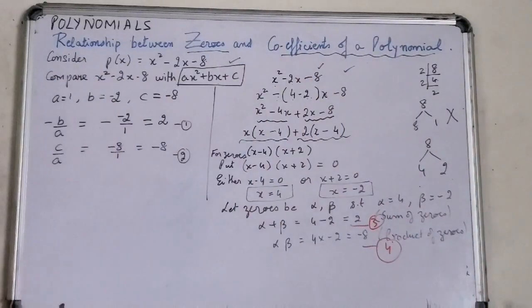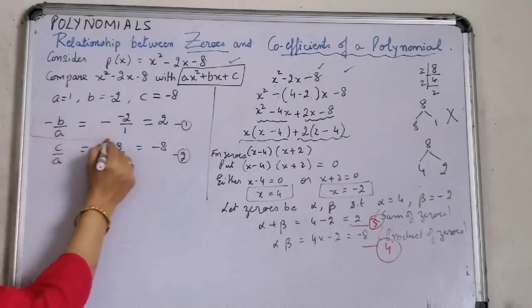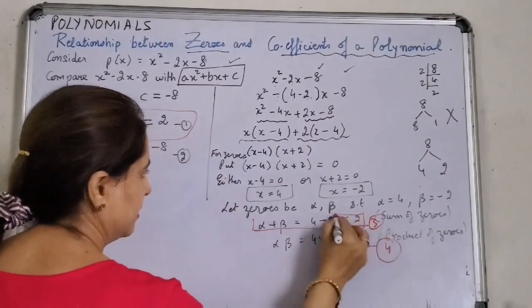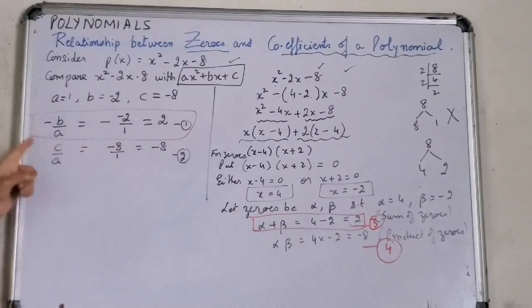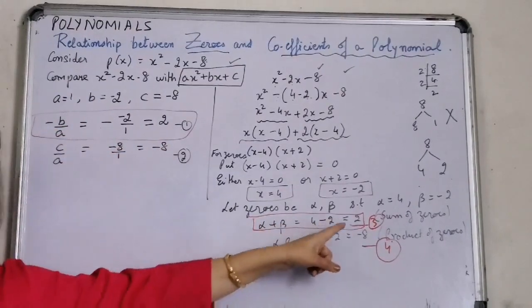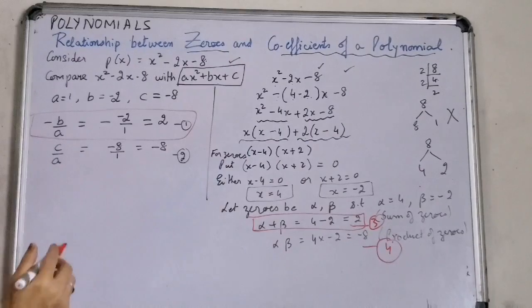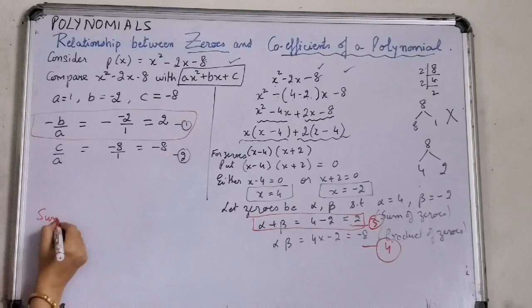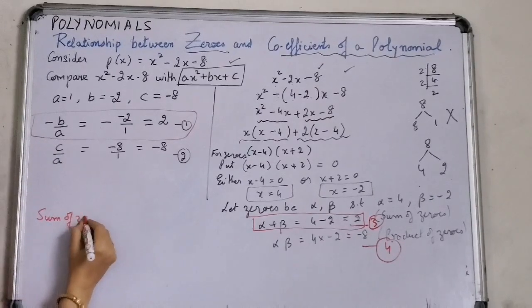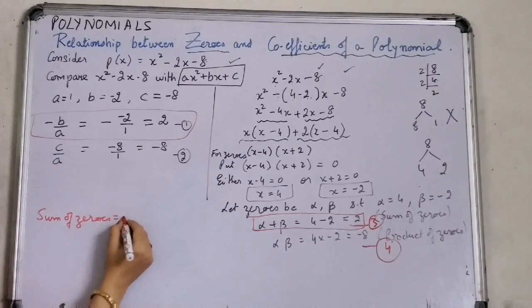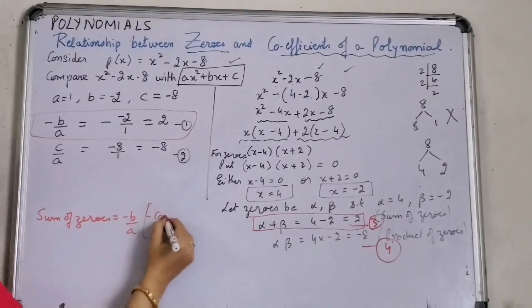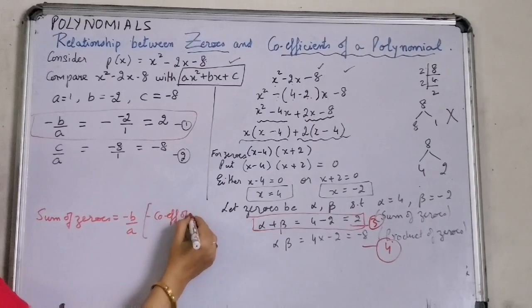Minus b upon a was 2 and the sum of the zeros is also 2. What is the relationship we are deriving? Sum of the zeros is equal to minus b upon a. In words, you can write minus coefficient of x upon coefficient of x squared.